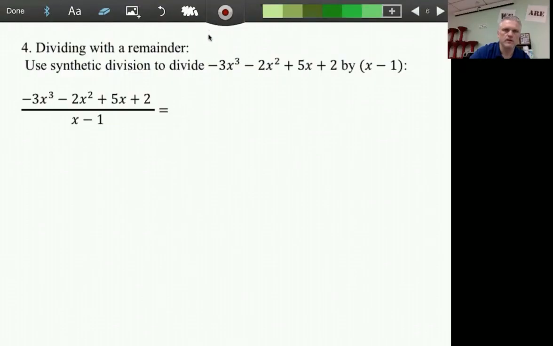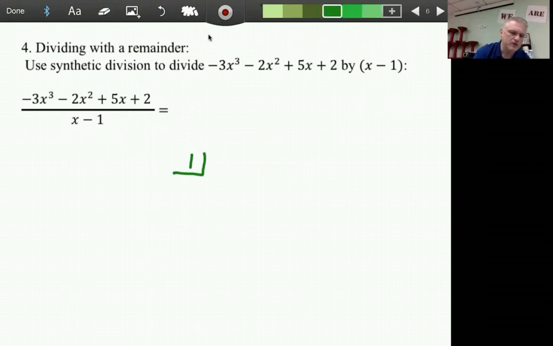And now our final question in day 3 notes. We are going to just do another division question, except this one is going to have a remainder that's not 0. So let's set this up. If they give it to us in this setup, we can simply set up our synthetic division. If x minus 1 is the factor that we're dividing by, then that means that 1 is the zero that we're looking to use for synthetic division.